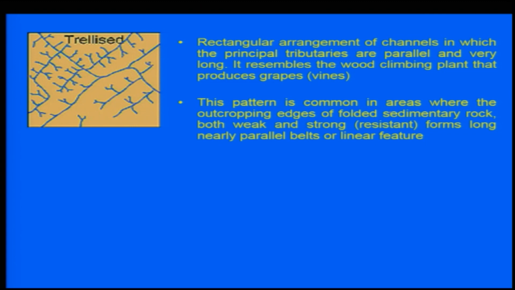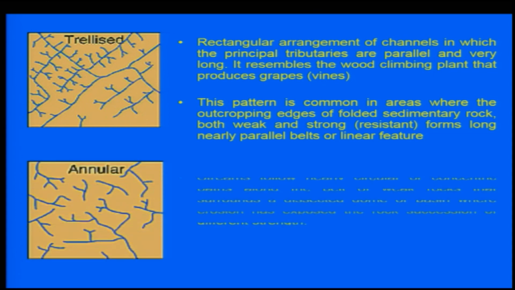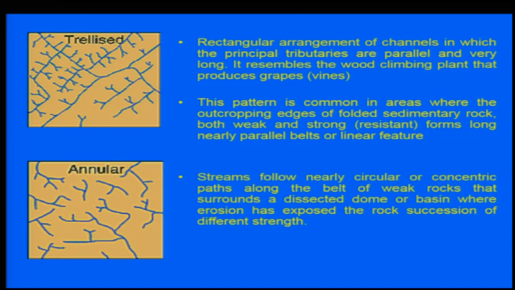Then we have trellis patterns. So, these are common in areas where outcropping edges of folded sedimentary rocks, both weak and strong, are seen, and mostly the tributaries will be almost at a right angle to the main stream. And then annular patterns are nearly circular, slightly similar to your radial pattern.